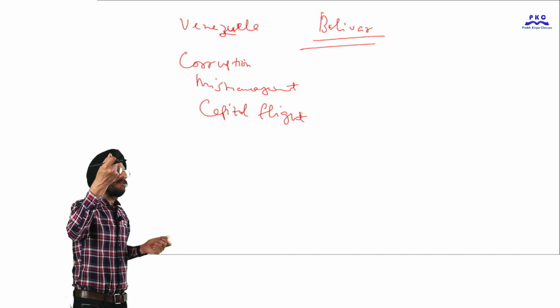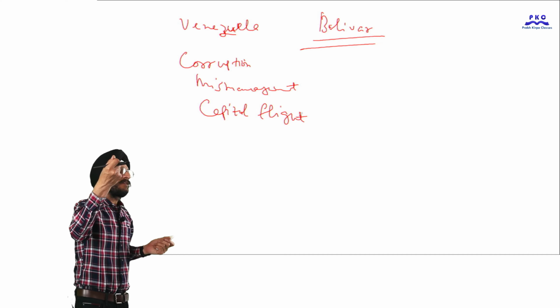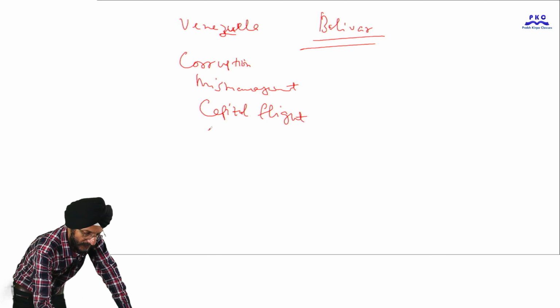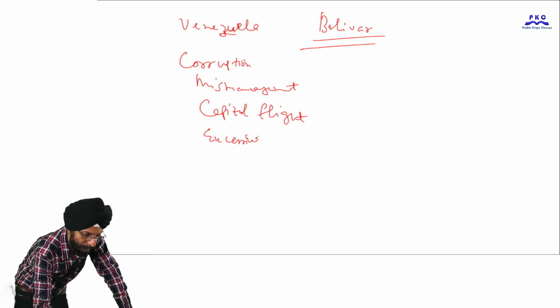The value of the Bolivar has been in a downtrend for many years because there was corruption and mismanagement. Because of mismanagement and corruption, there was capital flight, that is, investors pulling out their investment from that country. Excessive money was being printed in that country.